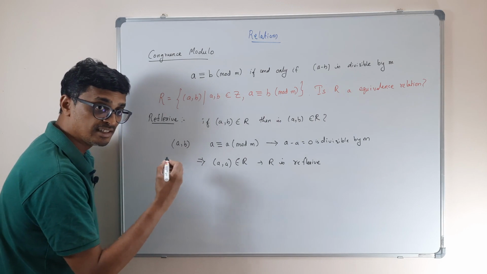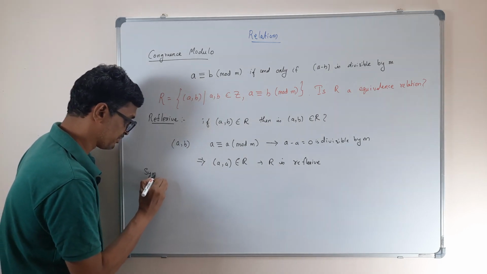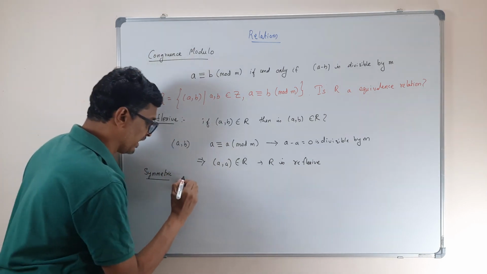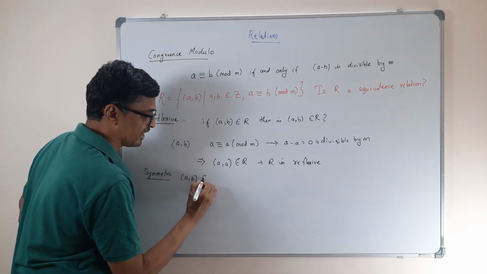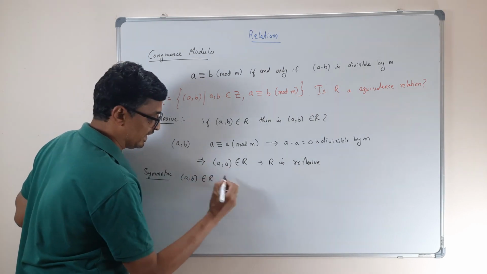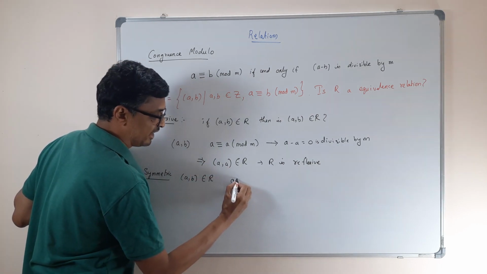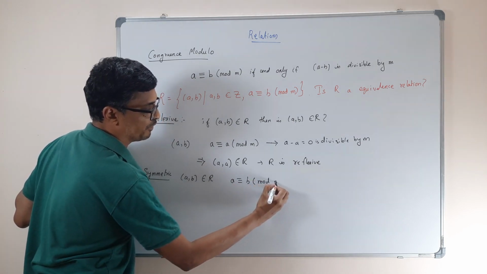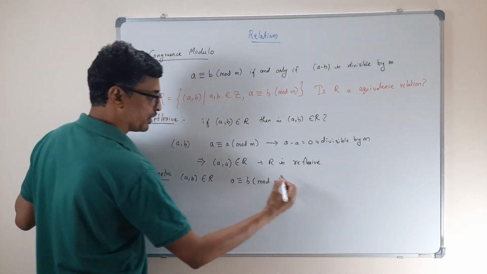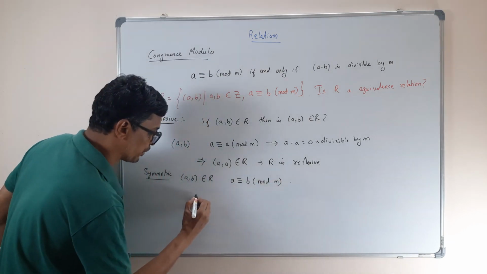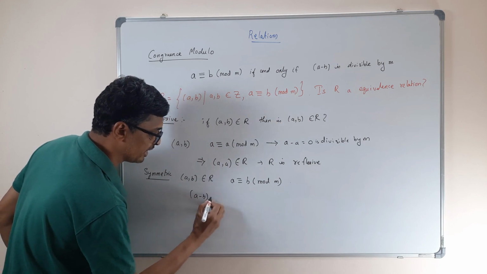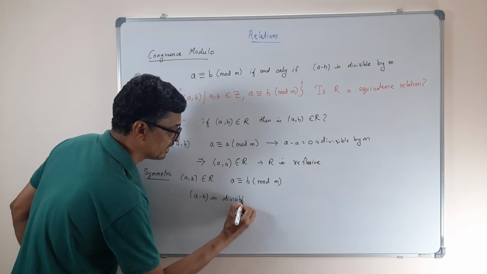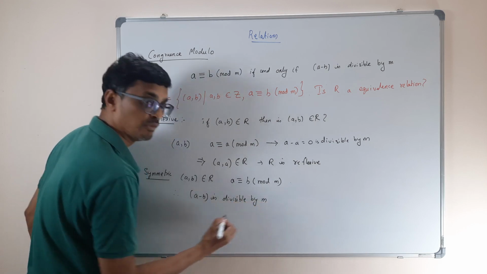Now let us go for the next one. What is the next one? Symmetric. (a, b) is an element of R, then it says a is congruent to b mod m. Okay. So what does it mean? Therefore a minus b is divisible by m.